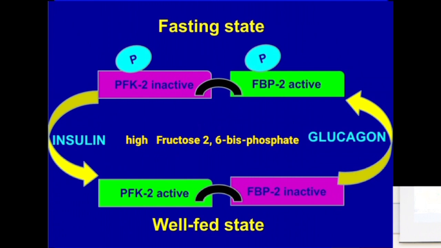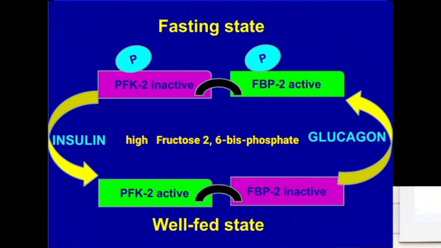Now, both of these, I'm just going to remind you, you remember covalent modification, what it means. It's adding phosphate to the enzyme protein, serine, threonine residues. You can add phosphates to both by a specific protein kinase, and it changes the state of activity of both enzymes in opposite ways.